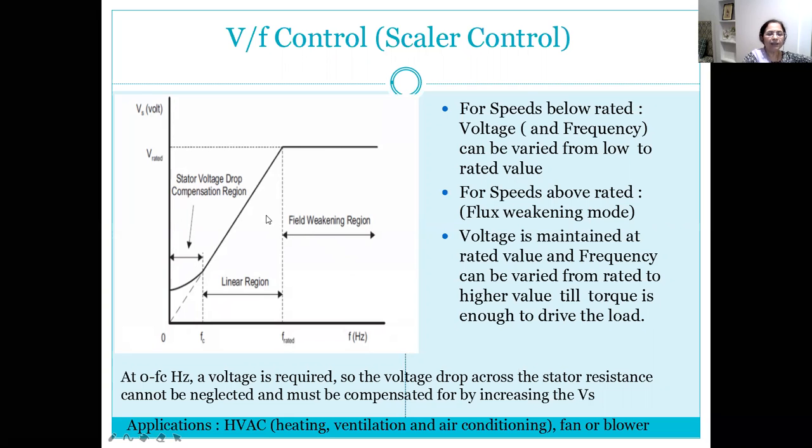So again, in this case, there are two clear-cut regions. The first region is below rated frequency operation, the other is above rated frequency operation. Below rated frequency operation, proportionately we can increase the input voltage from 0 to rated voltage condition, and we will be able to maintain a linear relation between voltage and frequency by keeping the ratio constant.